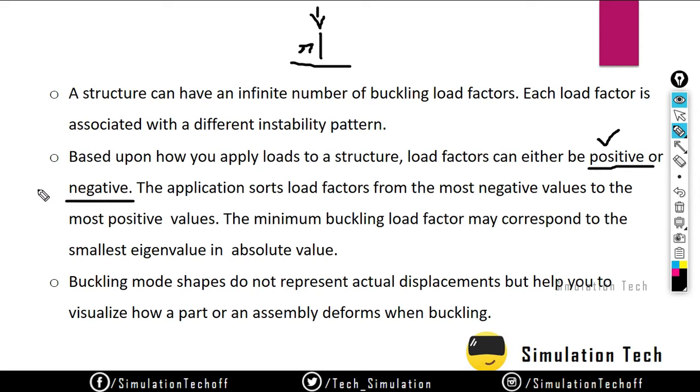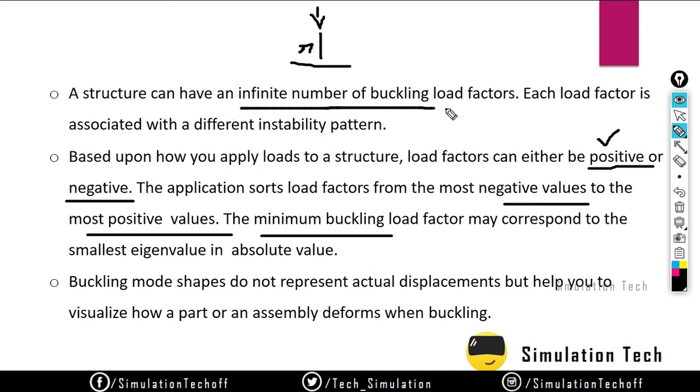The load factors are sorted from the most negative values to the most positive values. The minimum buckling load factor is what we are looking for. Like I said before, we are only interested in the minimum buckling load factor. You will get an infinite number of buckling load factors for a particular analysis.